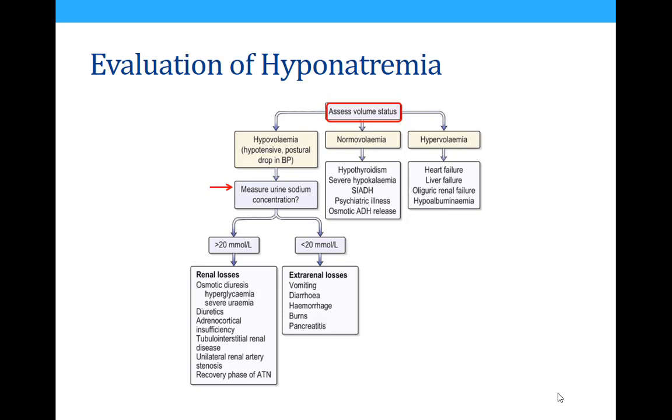So, other sources could be GI tract, vomiting, diarrhea, excessive sweating, or burns, right. So, hyponatremia together with urine sodium concentration can also provide you a clue where are you losing sodium from. Is it through the kidney or through extrarenal causes?